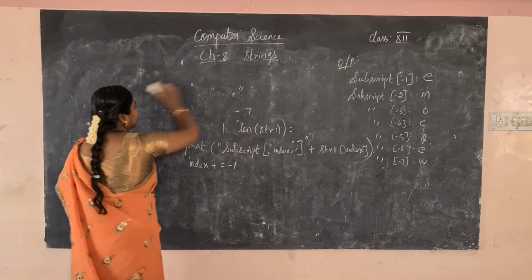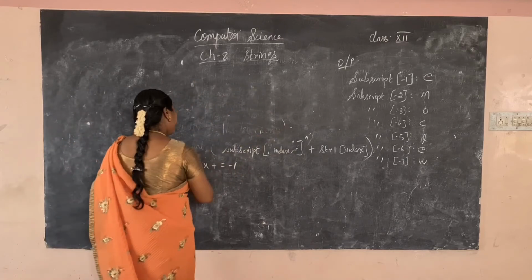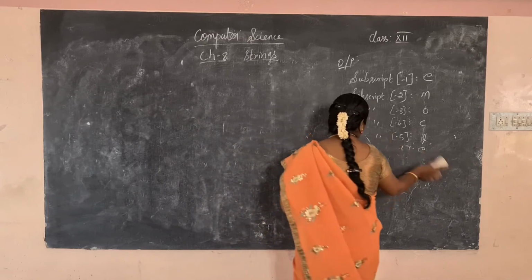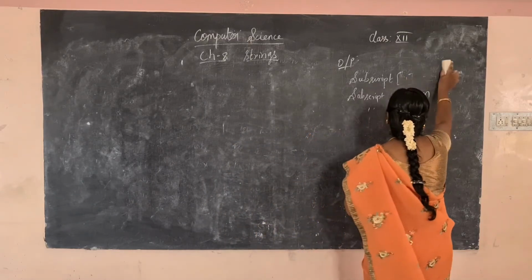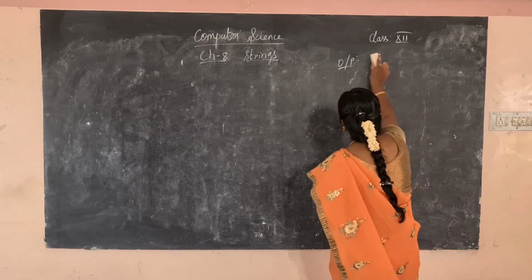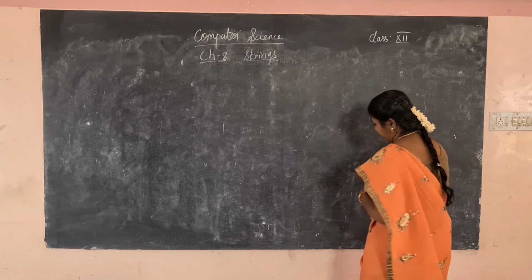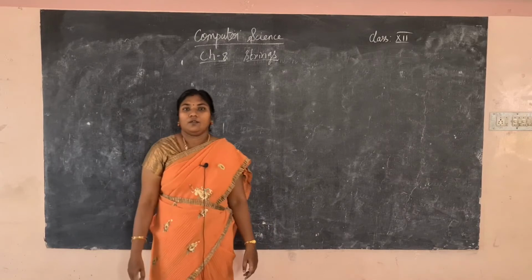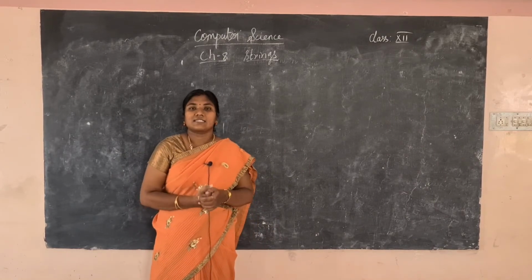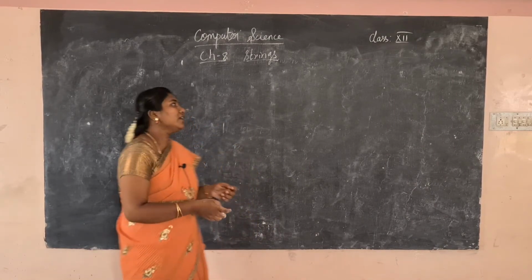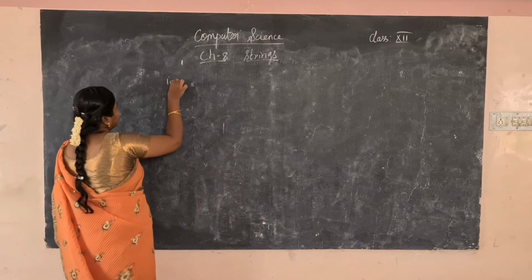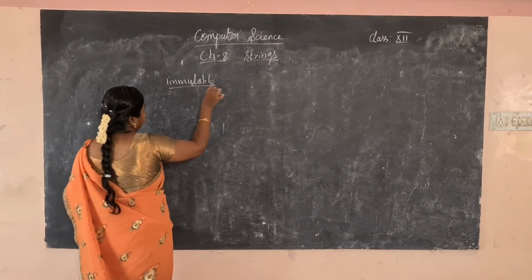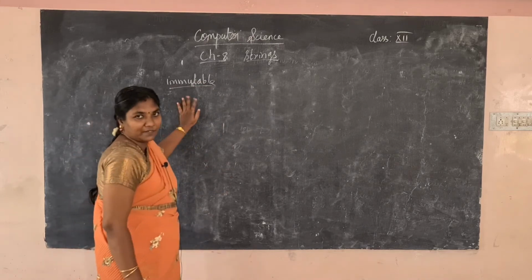So next we will see how to modify or delete a string. Is it possible in Python to modify or to delete a string? Do you have any idea? Okay, in Python we say a string is immutable. Do you know the meaning of this word?